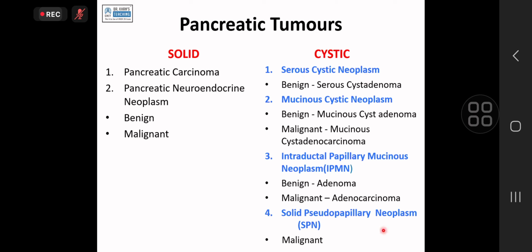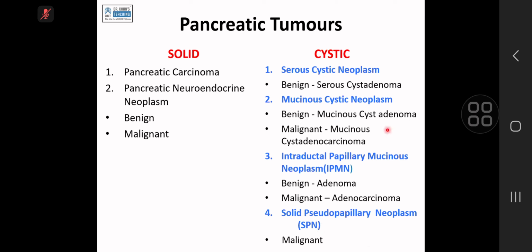Four of them should be known: serous cystic neoplasm, SCN; mucinous cystic neoplasm, MCN; intraductal papillary mucinous neoplasm, IPMN; and solid pseudopapillary neoplasm, SPN.